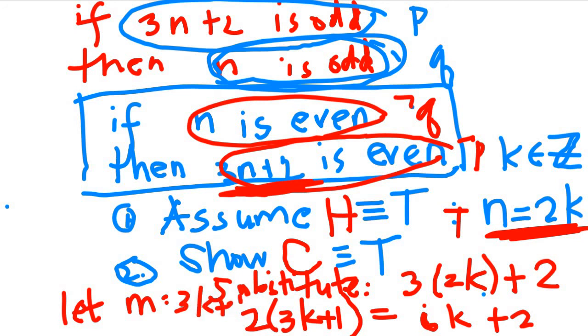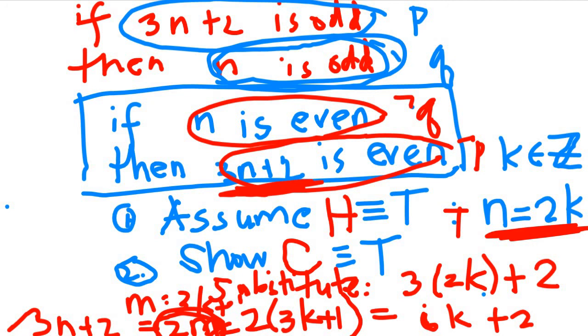So therefore this will end up as twice of m. Twice of m is the expression that we arrive at when we manipulate the original 3n plus 2. With this twice of m expression, we can tell that 3n plus 2 is an even number.